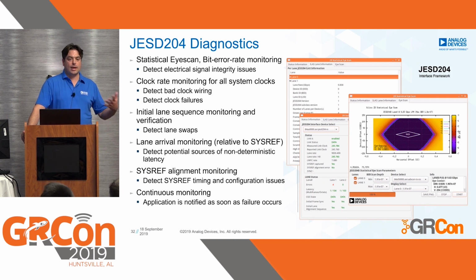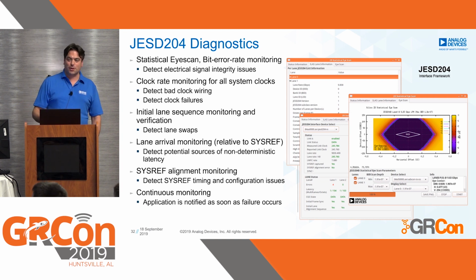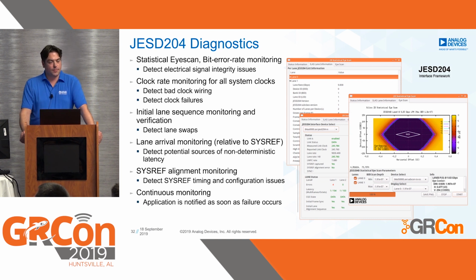During the ILA phase, some data is also transmitted over the links, so you can see if you have a lane swap, which can happen because lanes can be swapped multiple times in hardware, in software, inside the converters, inside the FPGA, so sometimes this can cause problems. We also have SysRef alignment monitoring, which helps you detect setup and hold violations for the SysRef signals.